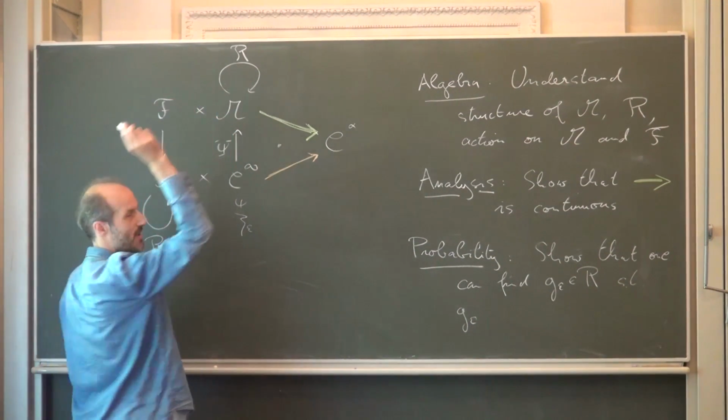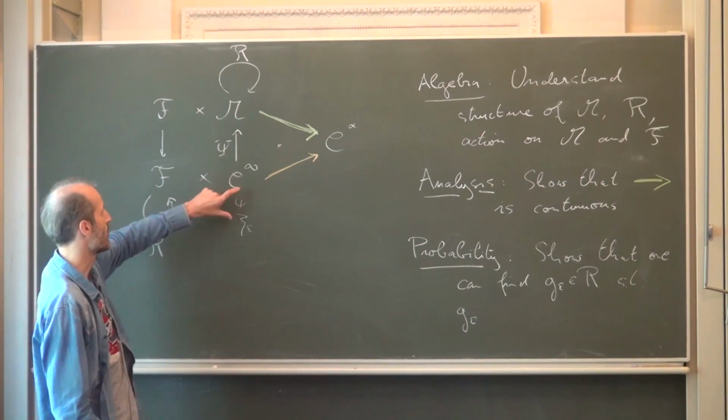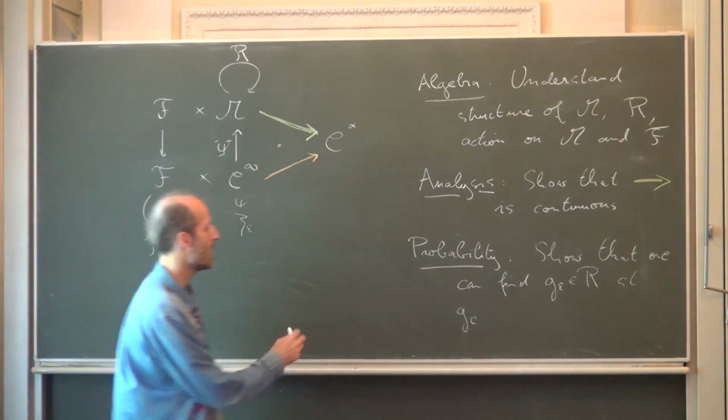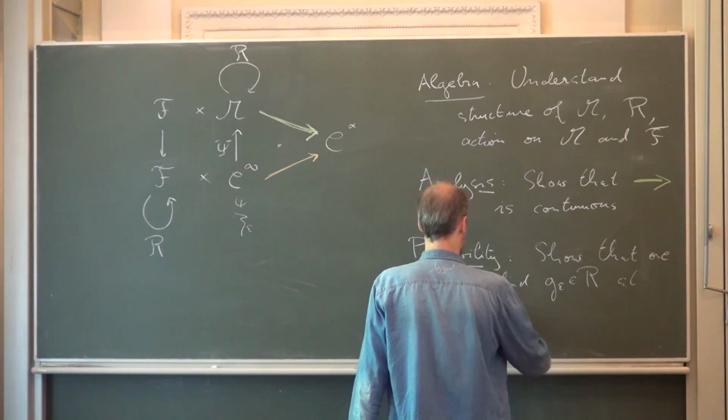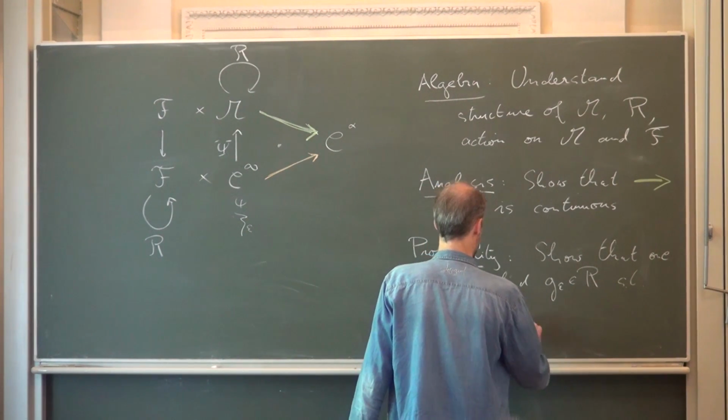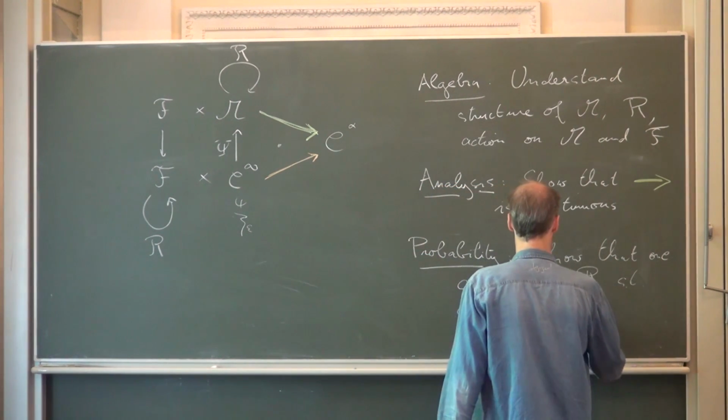So let me write psi for the map that just takes the noise and lifts it to this space, so that this converges.